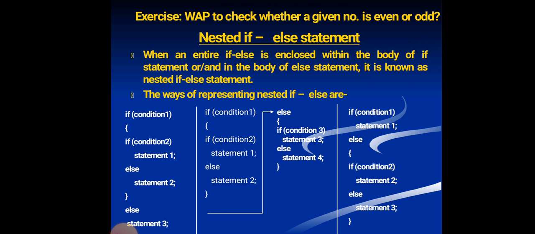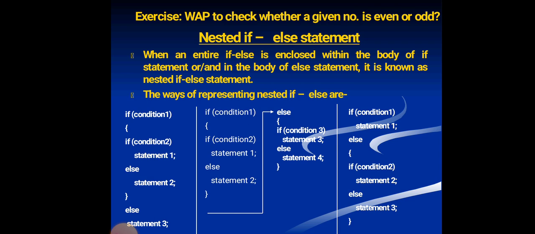Here we have two conditions. If the first condition is true, the process goes to the next, if condition 2. If condition 2 is correct, statement 1 will be executed. Otherwise, the else block will be executed, that means statement 2.